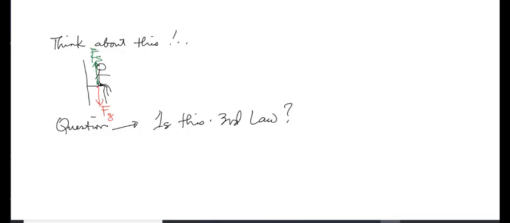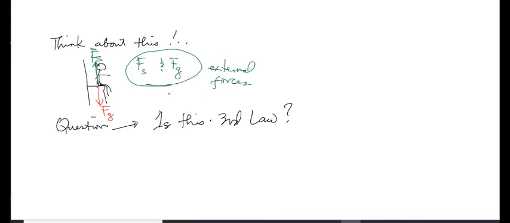Take note that the force of gravity is not your reaction force, right? And the force exerted by the surface is not your reaction force. If you are the one-body system, this Fs and Fg are external forces. So these are not the action and reaction pair of forces referred to by the third law. The Fs and Fg are the forces acting on you.